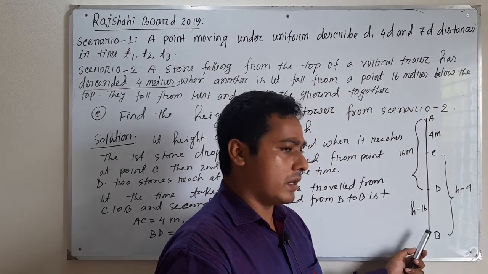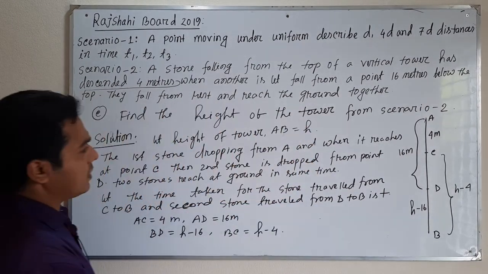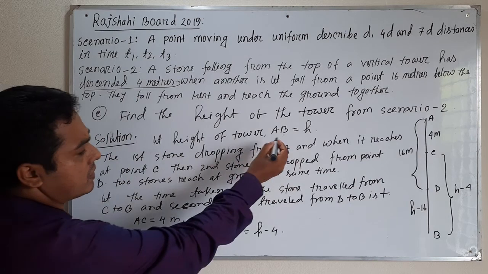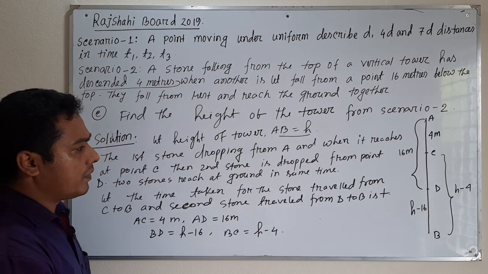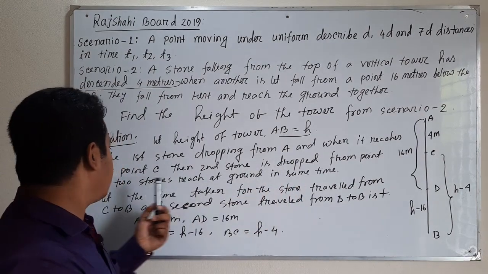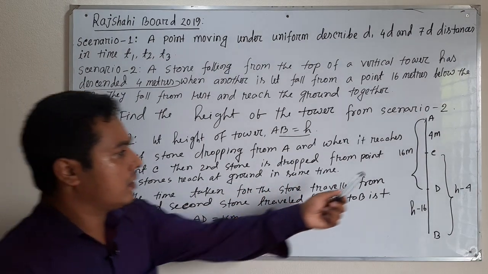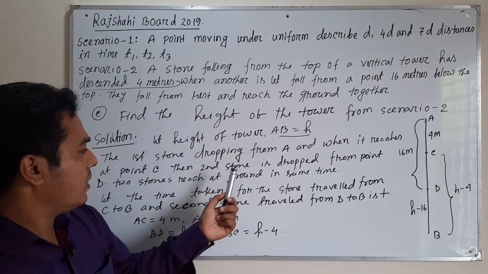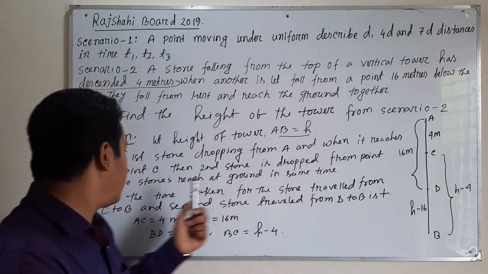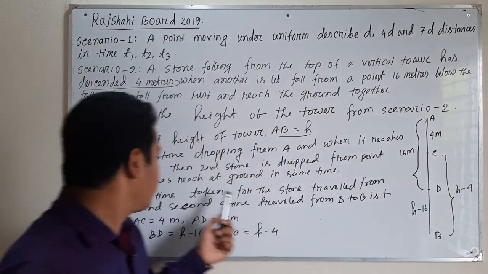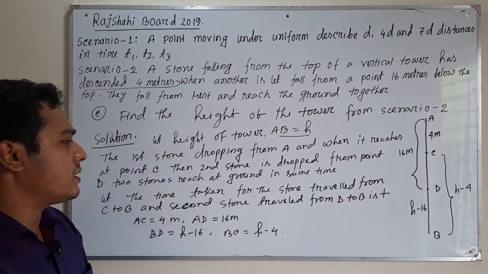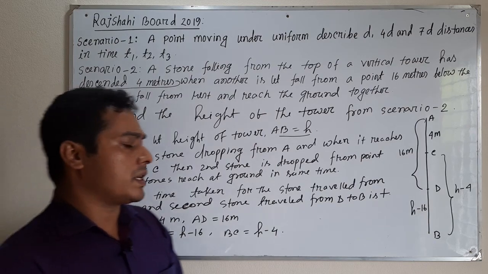Let the height of the tower be H. The first stone drops from the point A, when it reaches point C after 4 meters, the second stone is dropped from the point D, and the two stones reach the ground at the same time.